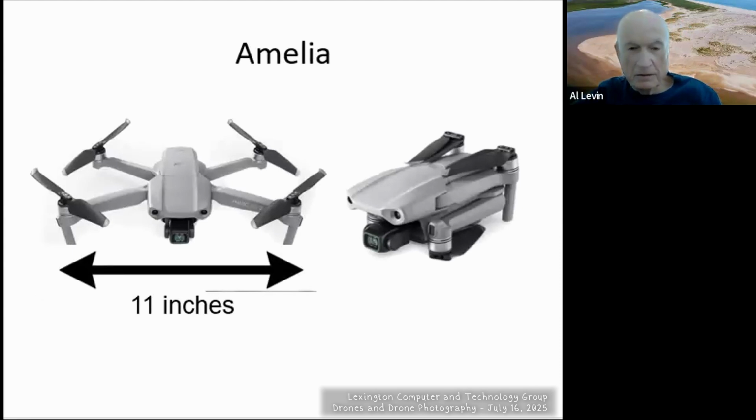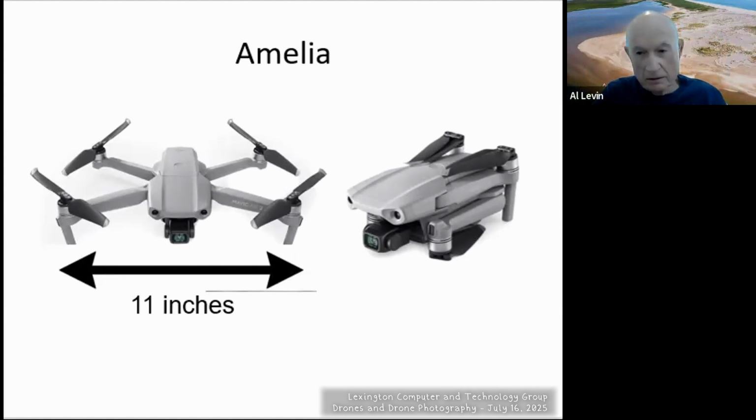This is my drone, Amelia. And Amelia agreed to come today. She's very busy, but here she is. And this gives you a better sense of size. You can see my hand as giving some scale. And she can be folded up and literally put into a pocket.